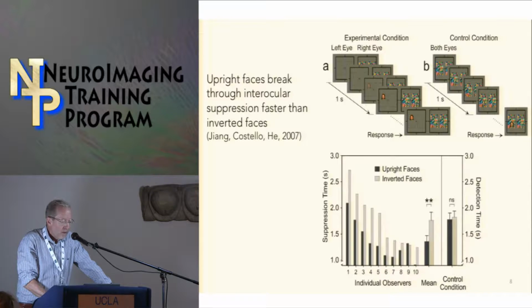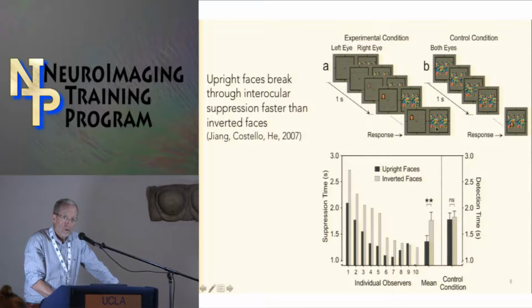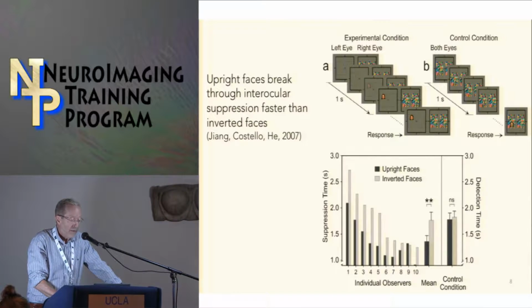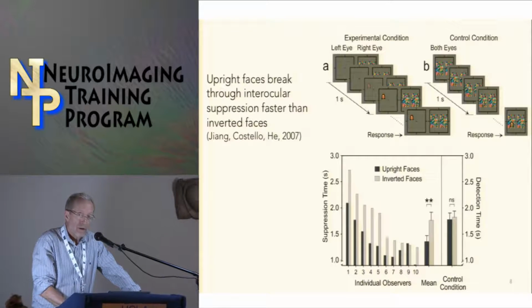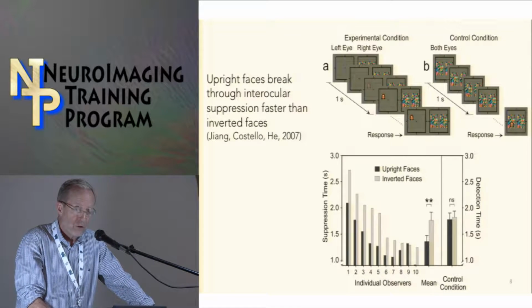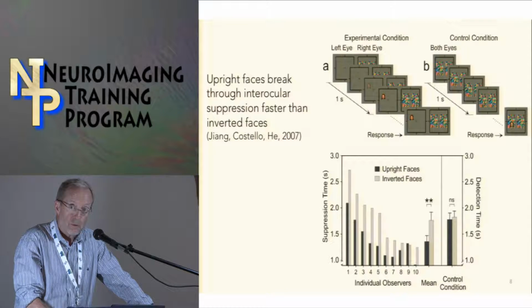And then we know that faces break through interocular suppression using continuous flash suppression faster, and that upright faces break through faster than inverted faces. So in this paradigm, different images are presented to the right and left eyes, and the image in one eye is a dynamic, rapidly changing stimulus that grabs the visual system, and the stimulus that's coming into the other eye, that's making it into the retina and getting into the visual cortex, is not consciously perceived.